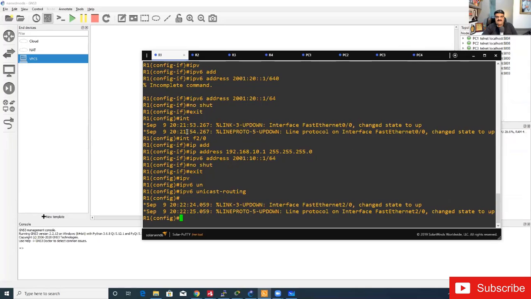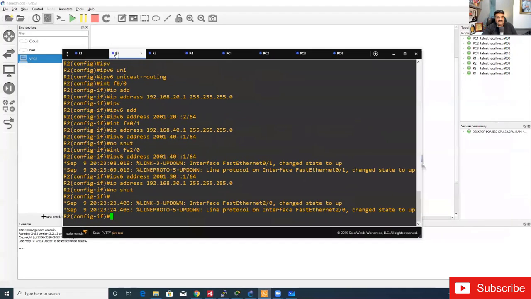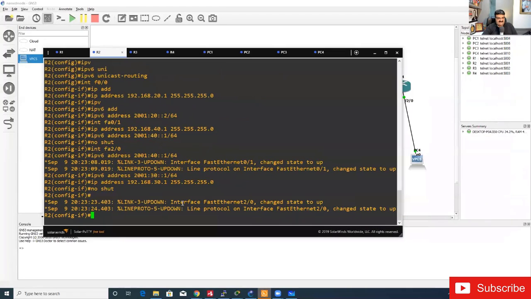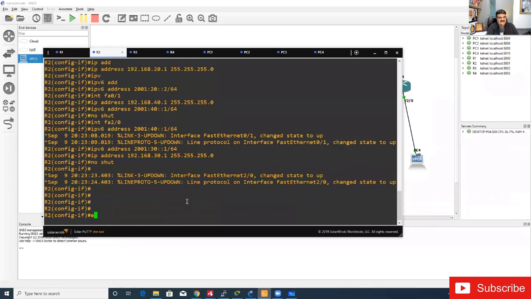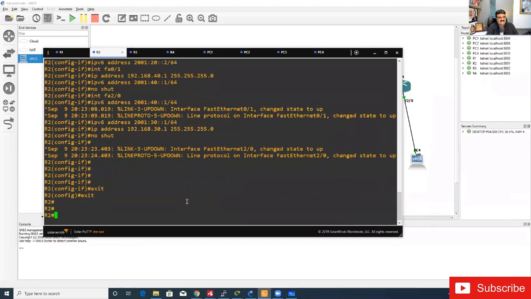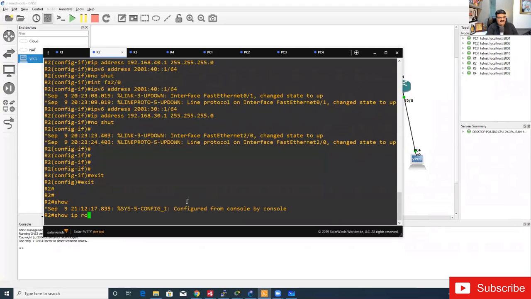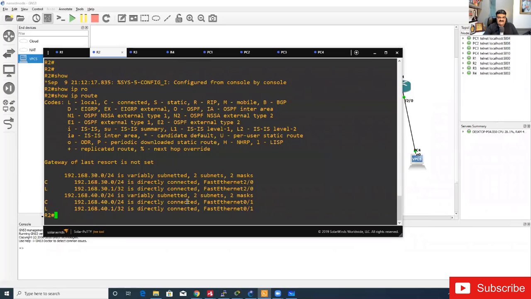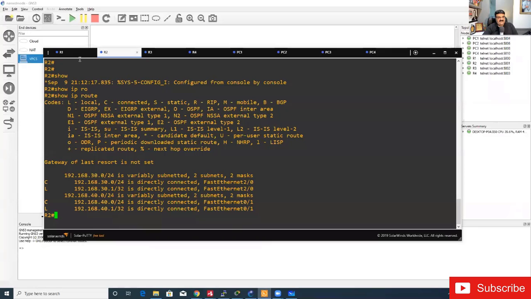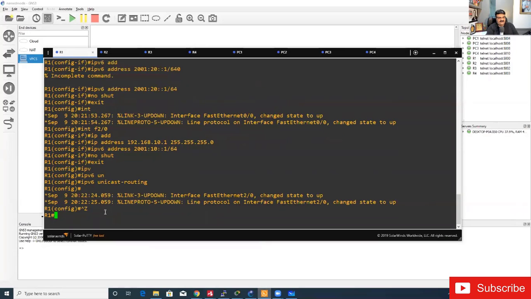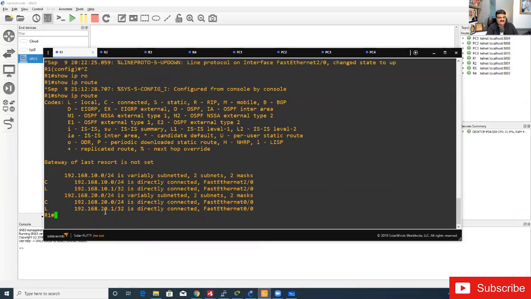And then we'll talk about EIGRP version 6, right? So I have this lab. I'm going to configure EIGRP with IP version 4. So show ip route. There are two networks directly connected to me. Sorry, I'm in R2. So show ip route: 10 and 20 are directly connected.